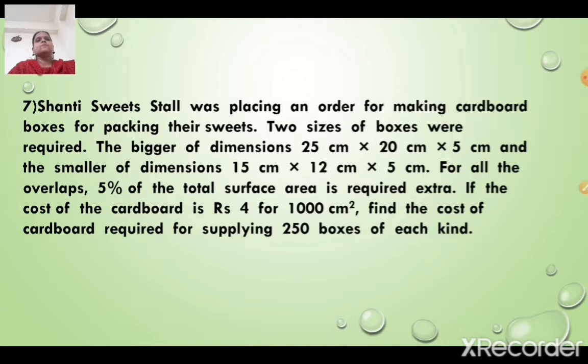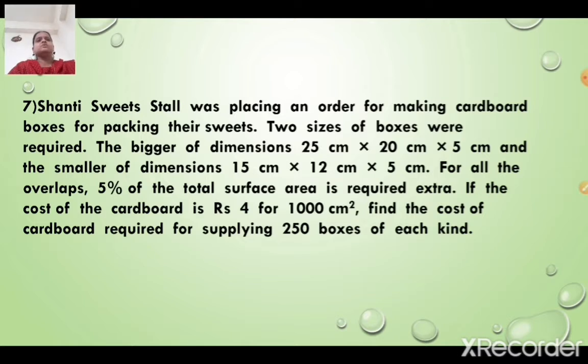Similarly here also length is 15 cm, breadth is 12 cm and height is 5 cm. For all the overlaps, 5% of total surface area is required extra. If the cost of cardboard is rupees 4 for 1000 cm², find the cost of cardboard required for supplying 250 boxes of each kind.